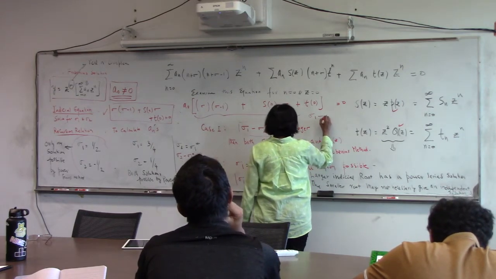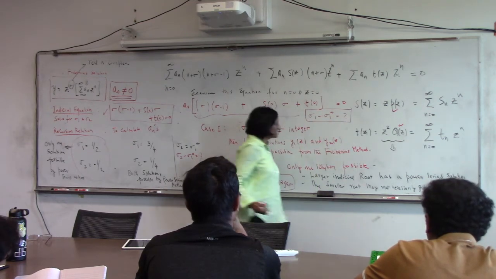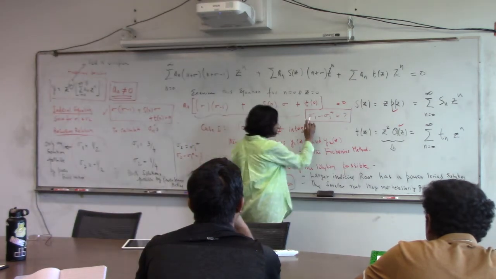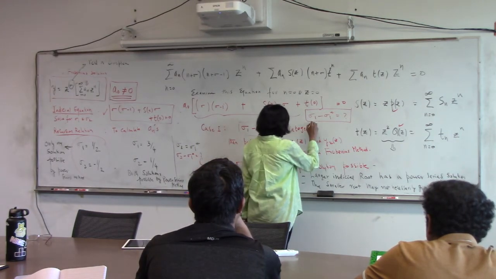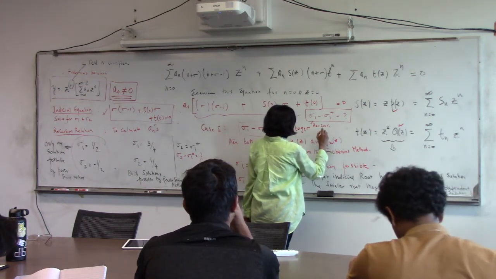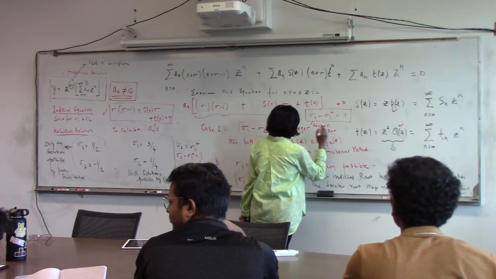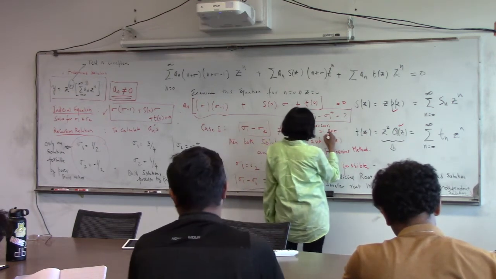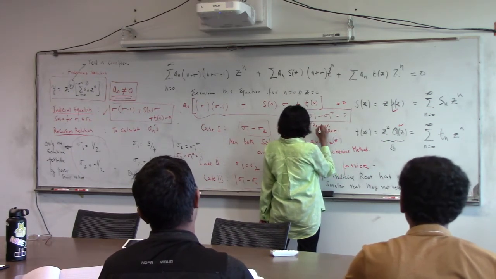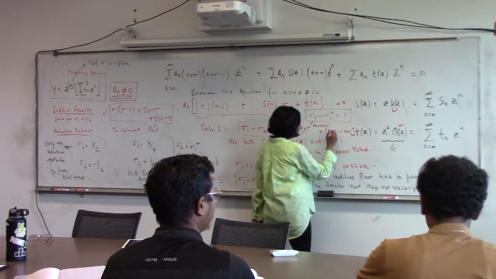What is this difference? It would be 2 times the complex part. This can be written as real plus imaginary part of sigma. Similarly, you have the real part of sigma minus the imaginary part of sigma 1, so the real part will cancel.